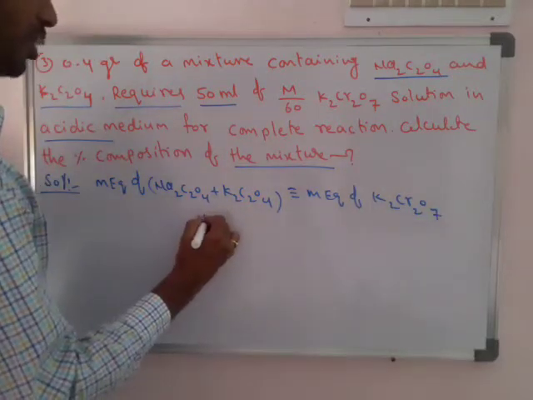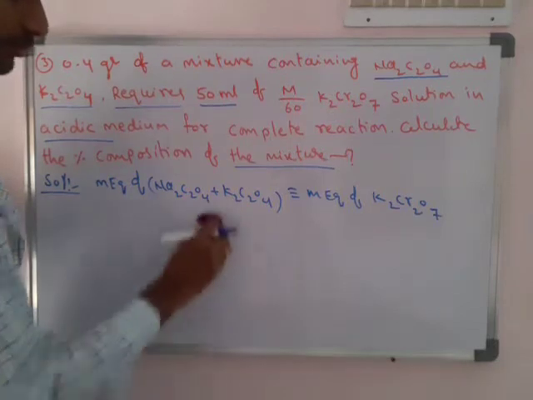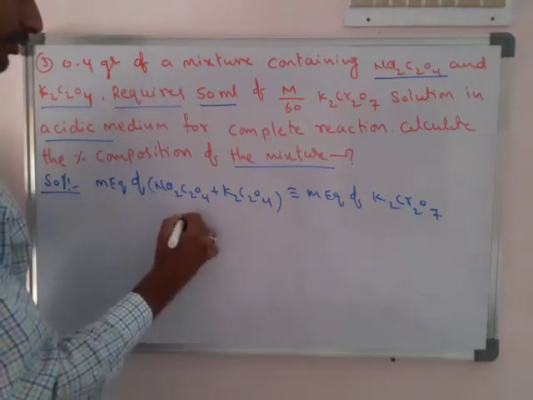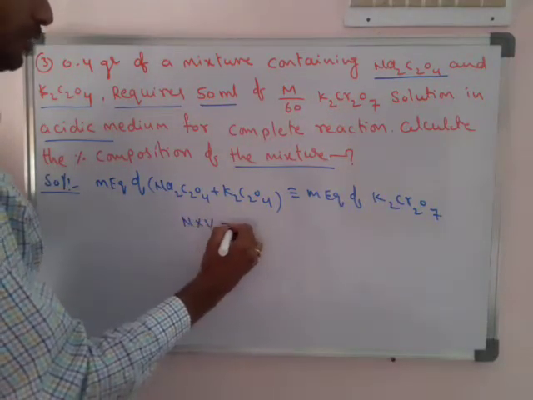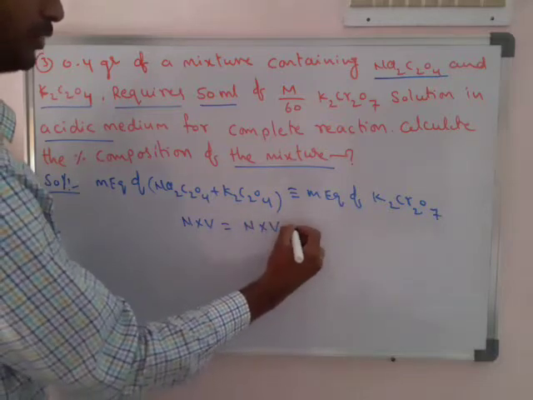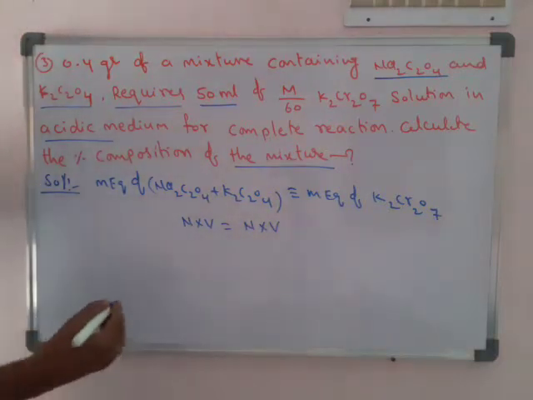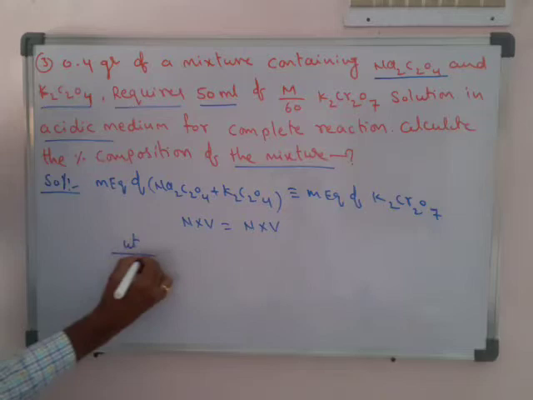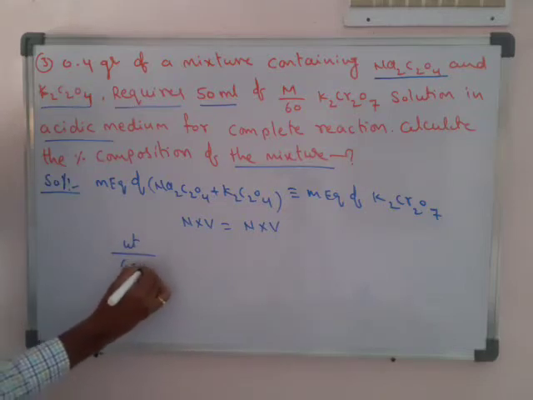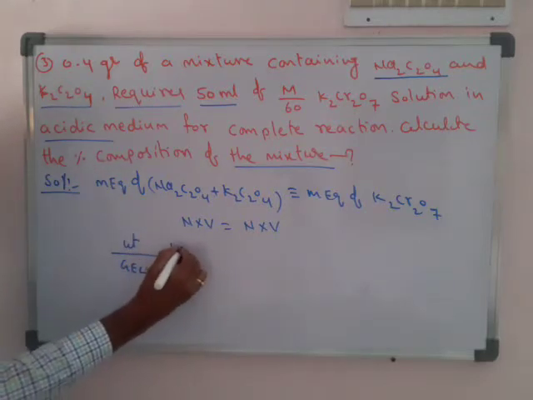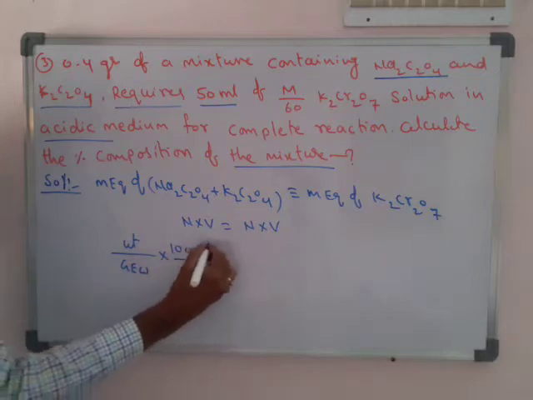We know the step: normality into volume, same is normality into volume. So we know the formula: weight by gram equivalent weight of that mixture, 1000 by V.